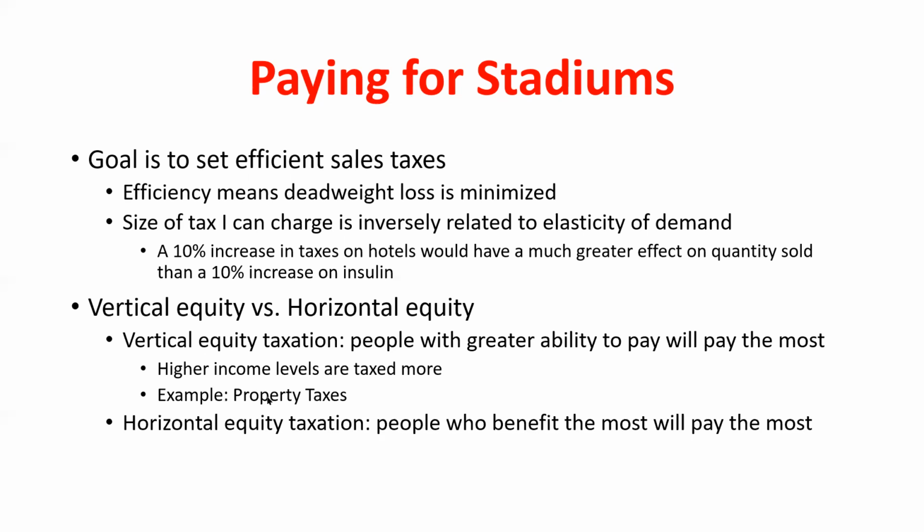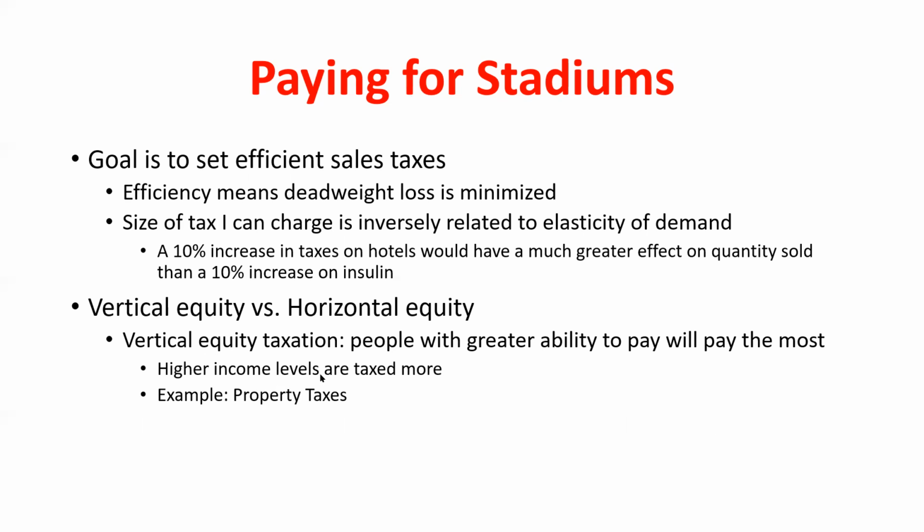Property taxes are another really good example of this. If you think about tickets, maybe an additional tax imposed on luxury box tickets would be the idea of vertical equity with taxes.